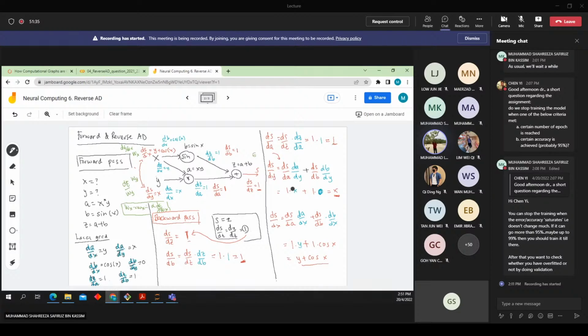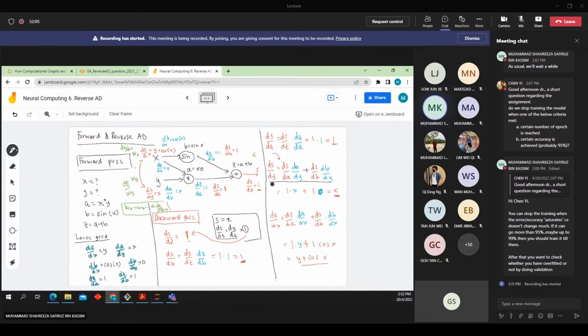Why do we want to find the ds over dB, since B is a function of x, right? It's not a function of y, because it's only a function of x, right? Sorry again, so we have this equation. You want to find the partial derivative, that is ds over dy.